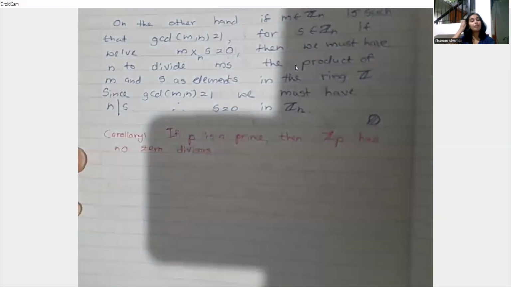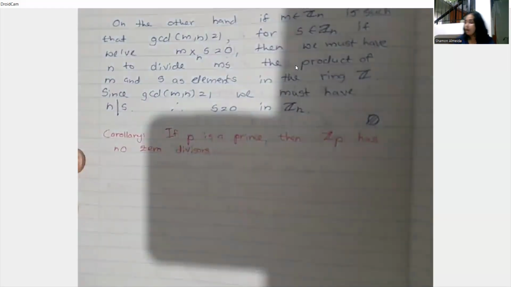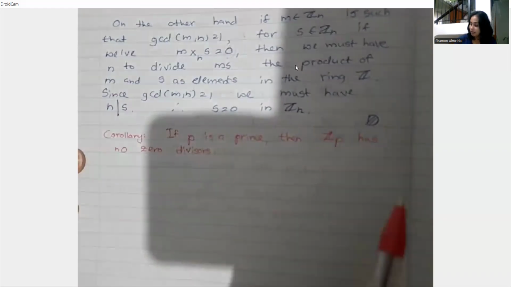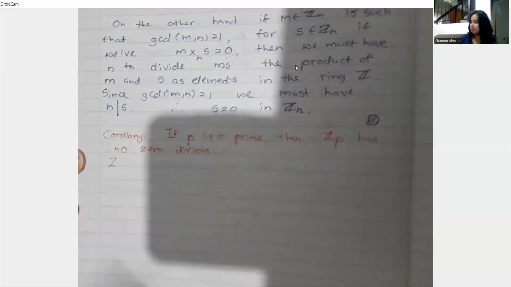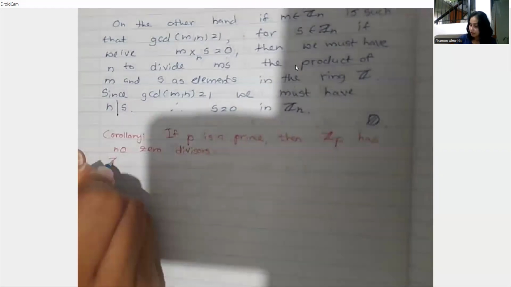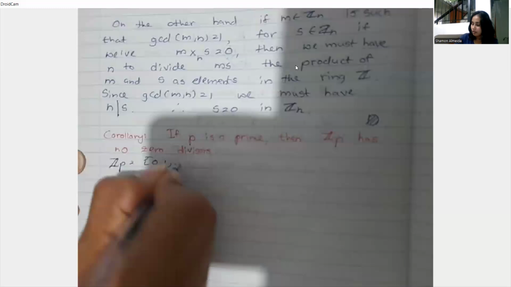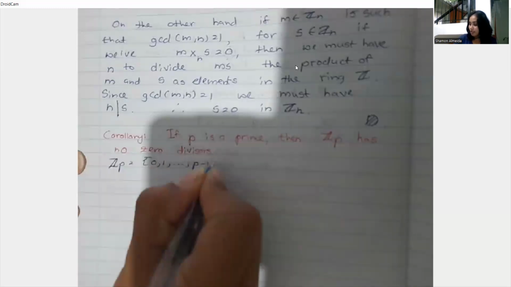Now, if P is a prime, the ring ZP has no 0 divisors. What sort of elements do we have? In this ring, we have all elements 0, 1, up to P minus 1.